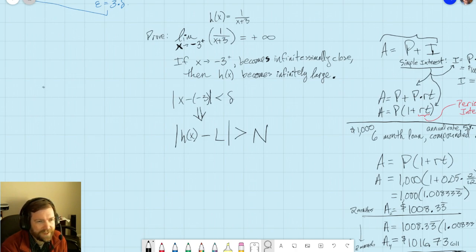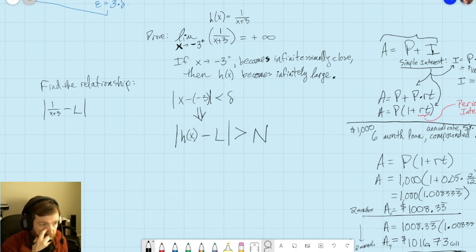So, again, we're going to find the relationship. So 1 over x plus 3 minus L. If it's greater than some big value n, I think it is less. Alright, let's do it like that.